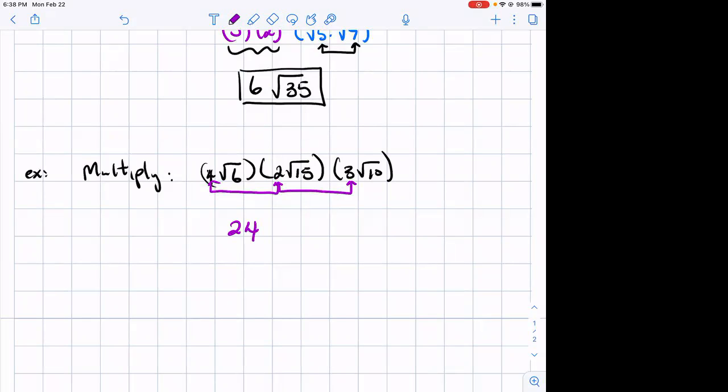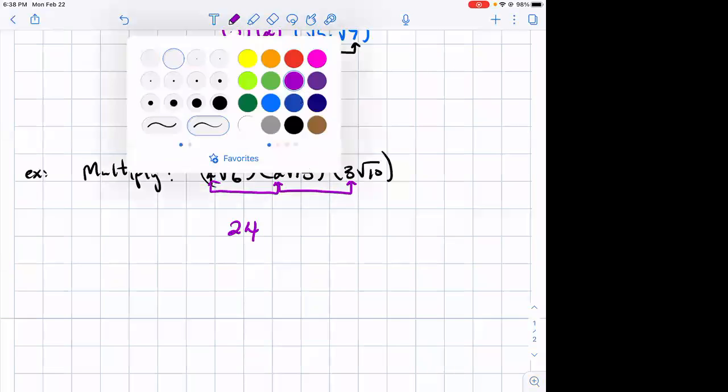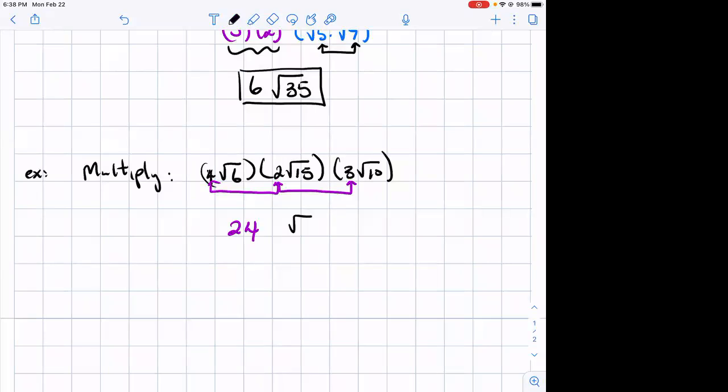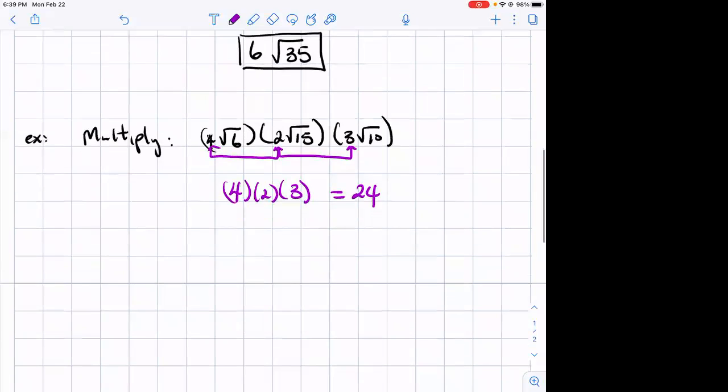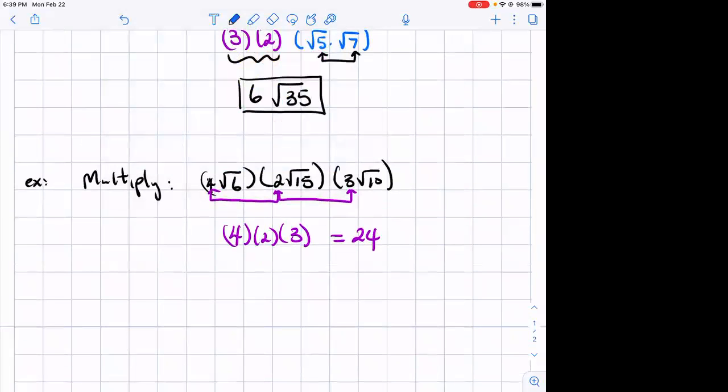Then we multiply the radicals: radical 6 times radical 15 times radical 10. 6 times 15 is 90, and 90 times 10 is 900.